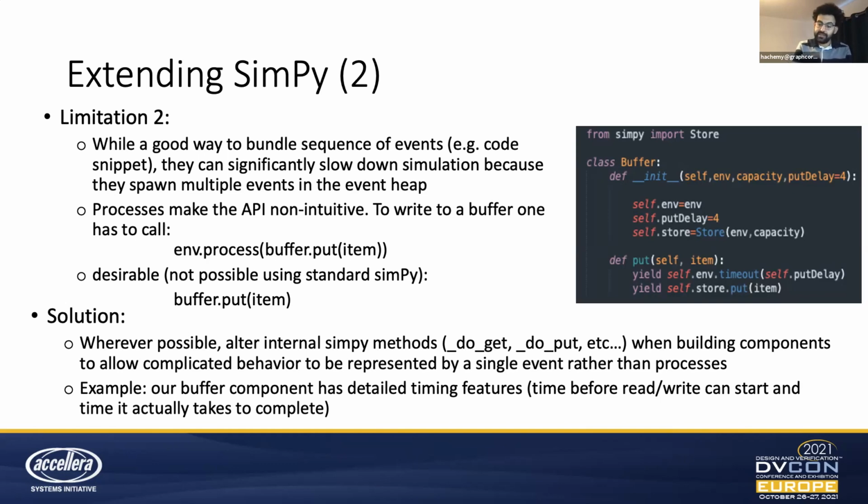Yet all these features are buried, and they are not exposed to the user other than the parameters that they can set. Their API call is simply buffer.put(item), and the backend will take care of everything.